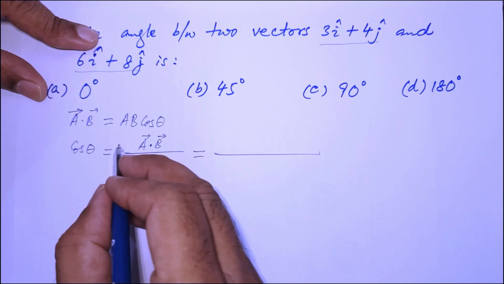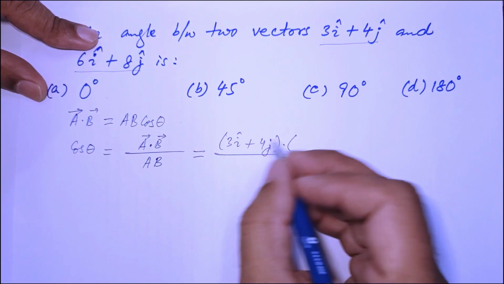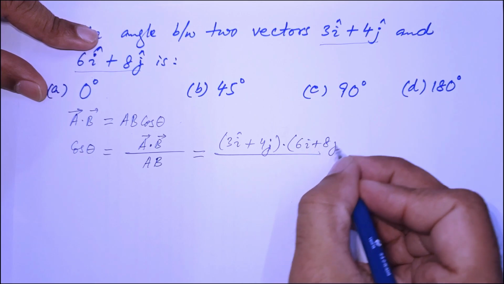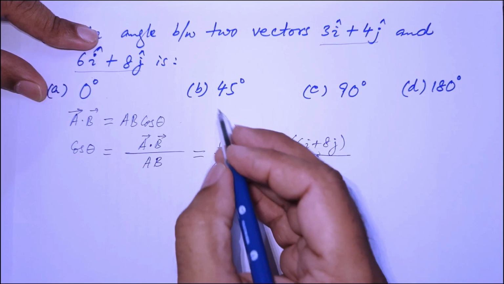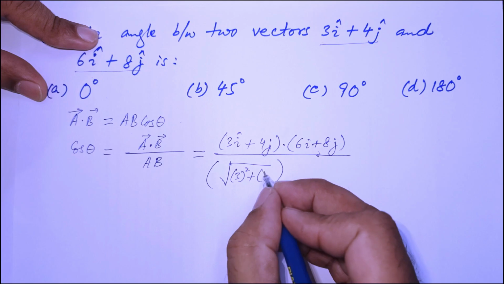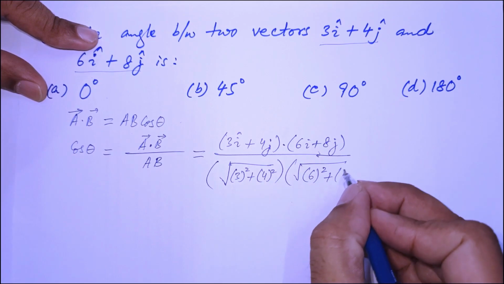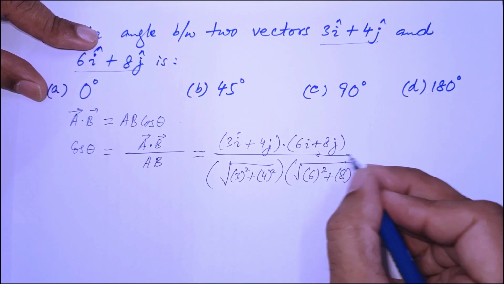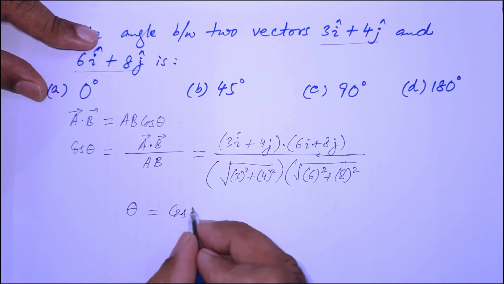A vector dot B vector will be 3i plus 4j dot 6i plus 8j, divided by the magnitude of A, which will be given as square root of square of 3 and square of 4, into square root of square of 6 plus square of 8. Okay, theta will be equal to, cos will go to the other side, cos inverse.